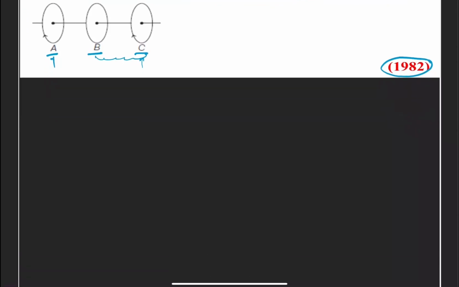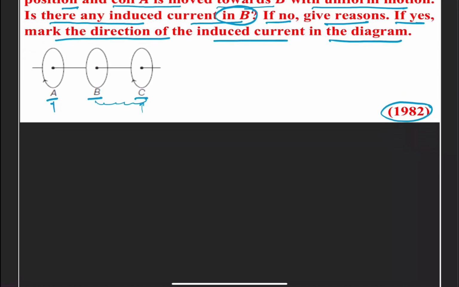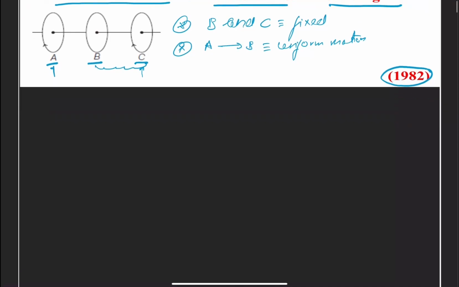So, first of all, it is given that B and C are fixed, and A is moving towards B with uniform motion, and A and C carry equal current.